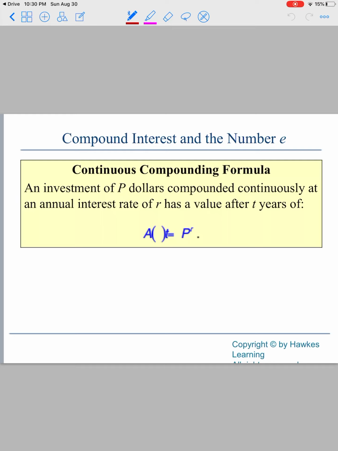Continuous compounding formula. An investment of P dollars, again, P is our principal, compounded continuously. Okay, that doesn't mean that it's compounded every month or every quarter.